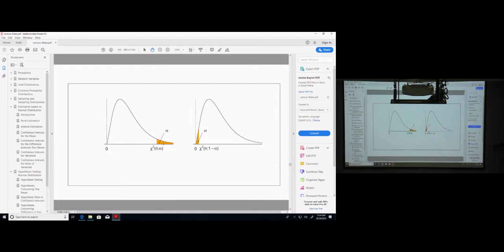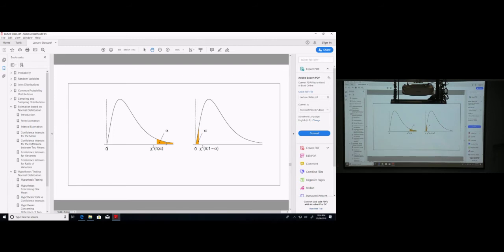First of all, NUS has been using statistical tables produced by the UK, and they measured the area from the right-hand side. Another main reason is because in statistical hypothesis testing, it is usually this tail probability that is crucial to define the rejection region.